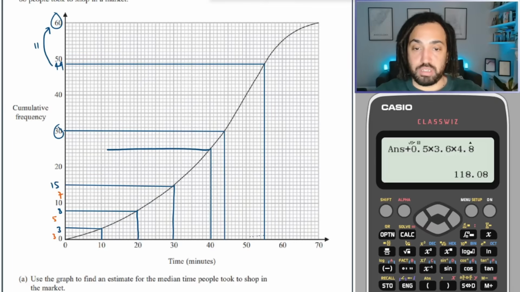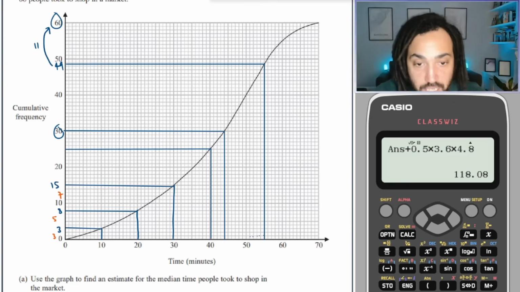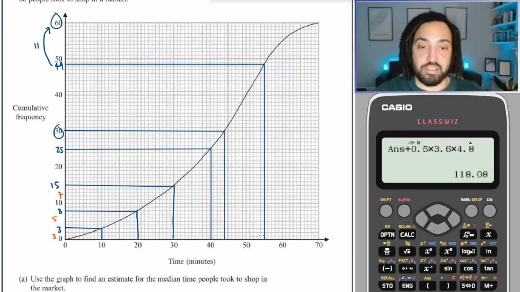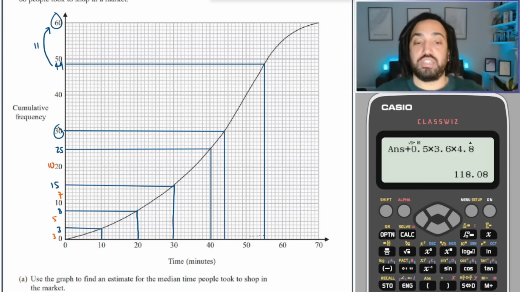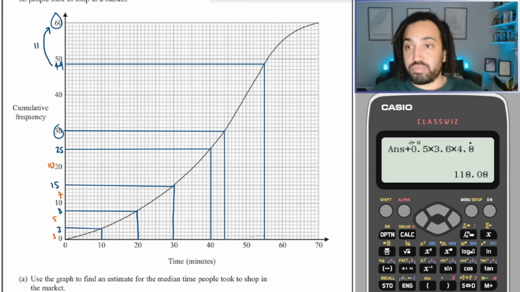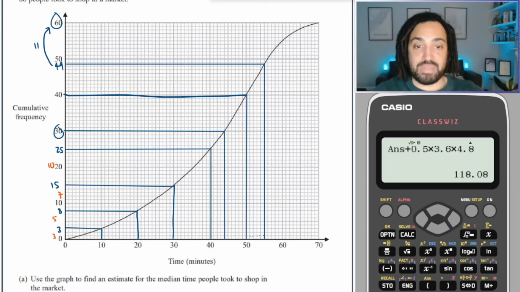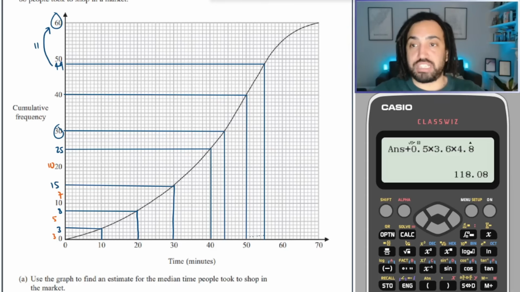So this one looks to me like 25. So that's a gap of 10 from the 15 previous. And at 50, that to me looks like 40. So from 25, that's a gap of 15.